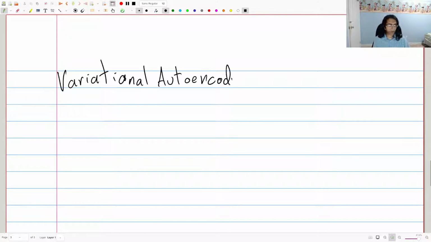But let's build our way up to there. Let's not just jump all the way to variational autoencoders. Let's talk about what our goal is with generative modeling.